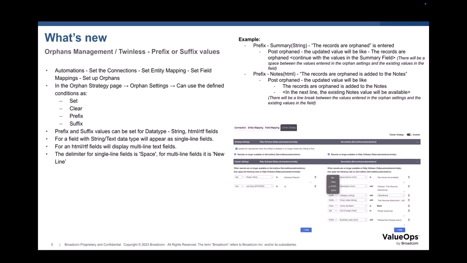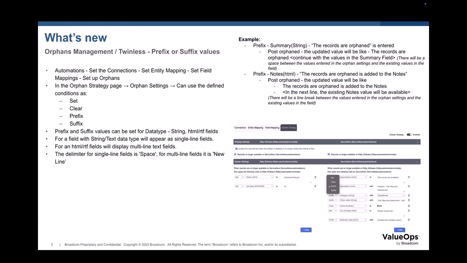If you're going to prefix a summary or a string field, you can add whatever text you want which needs to be added at the first section of a value. If it is a string, it will concatenate with the existing value with a space at the end.